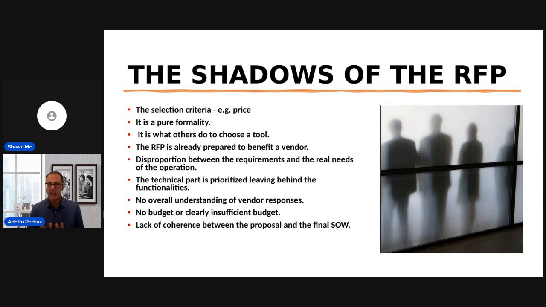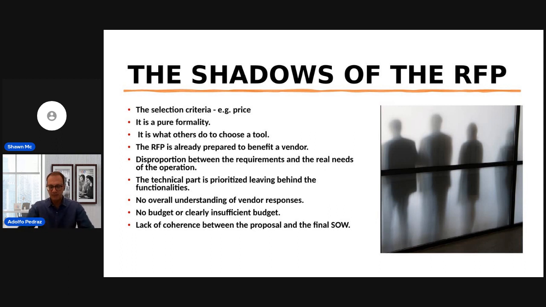I selected what I consider the main ones. Now, what is the importance of these shadows of the RFPs? If we are not able to spot them, we might make the wrong decision, or the RFP might not be the best process to select the tool.